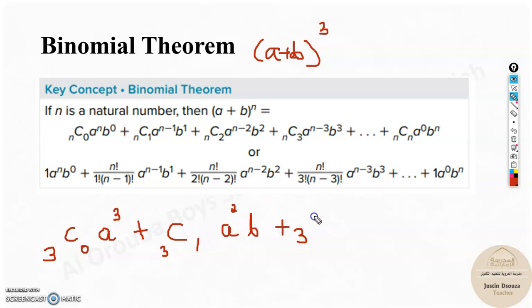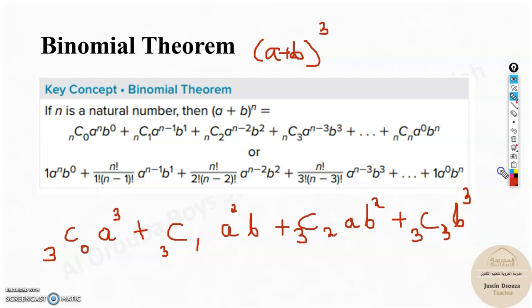Plus 3C2, and see, it increases until the maximum. Now we got 3C2, a to the power 1, so I will not write anything, and b to the power 2. And last one, 3C3, over here we will have to put a to the power 0, so I don't write it, b to the power 3. So this is the answer.